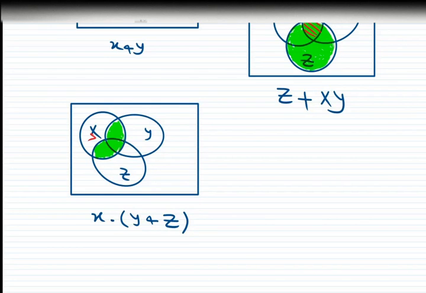So one more time, any part of x which is also part of y or z is the function.